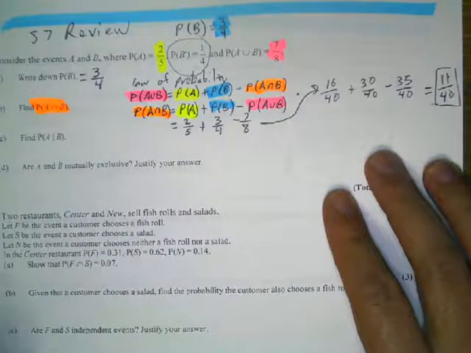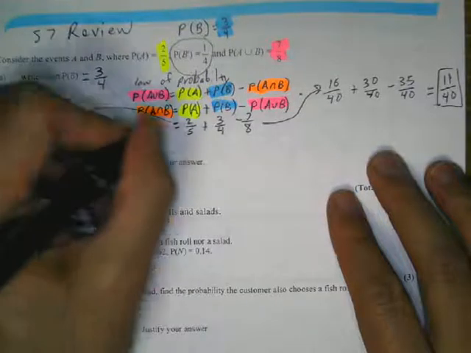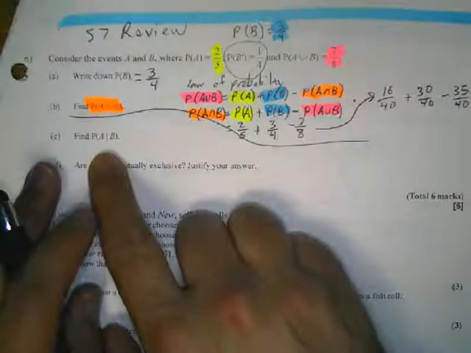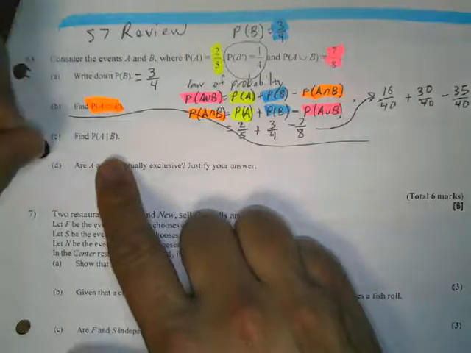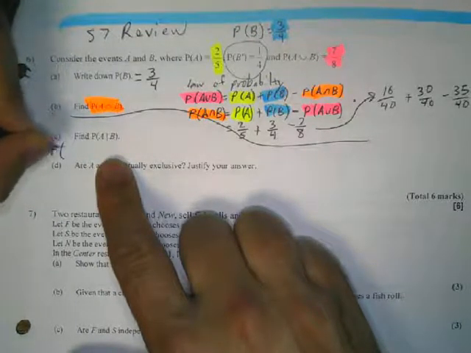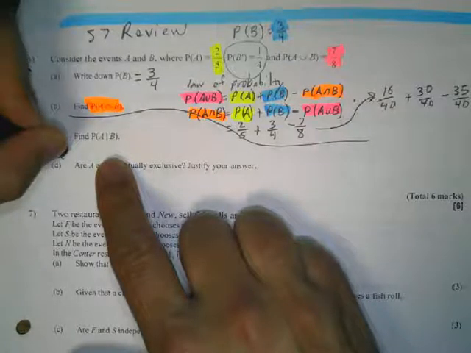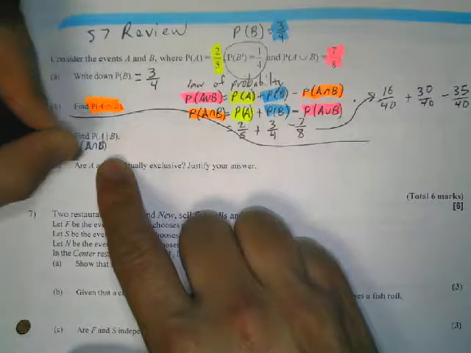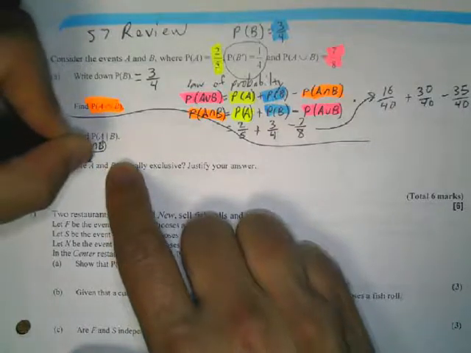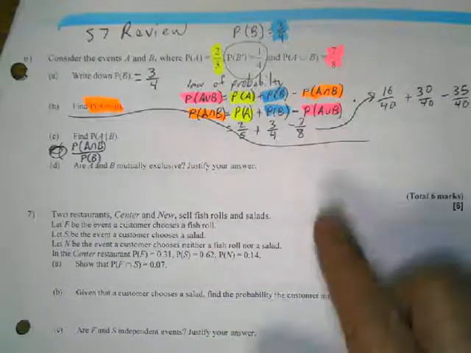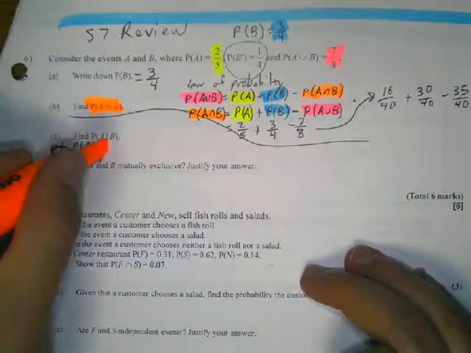Okay. All right. Find the probability of A given B. So this is going to be the probability of the intersection of A and B divided by the probability of B. Okay, the intersection, I'm highlighting in orange.